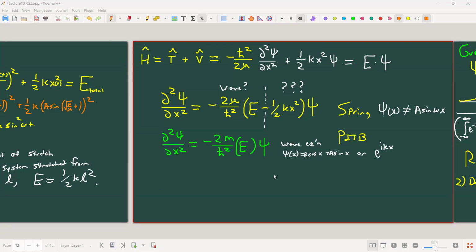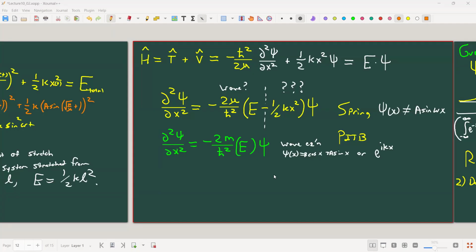And we know that the kinetic energy and the potential energy are exchanging depending on the position of the spring. So when we take a second derivative, we're measuring the kinetic energy of the system in some sense. And what we get back is an energy, a total energy, minus the remainder, which is the potential. So that's the difference between a particle in a box and the spring, is that the potential energy can be some value, and that value depends on the position of the spring. So that complicates the math a little bit, but we have an idea.